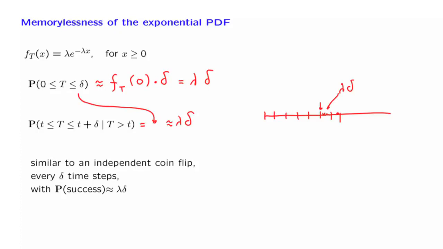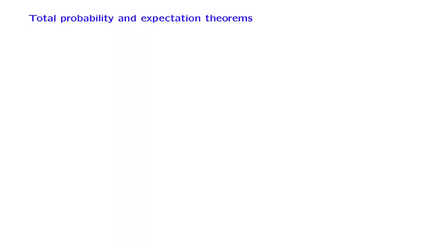And the exponential random variable corresponds to the total time elapsed until the first success. In this sense, the exponential random variable is a close analog of the geometric random variable, which was the time until the first success in a discrete time setting. This analogy turns out to be the foundation behind the Poisson process that we will be studying later in this course. We now continue with the development of continuous analogues of everything we know for the discrete case.